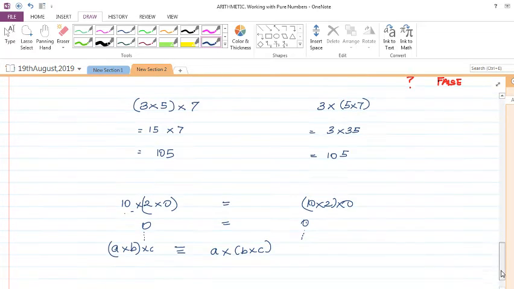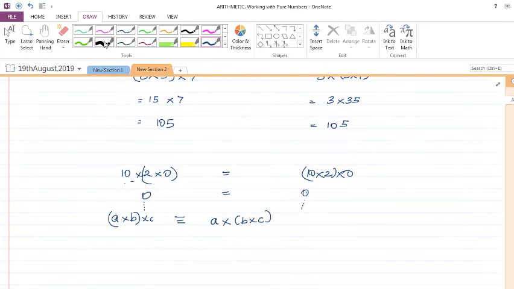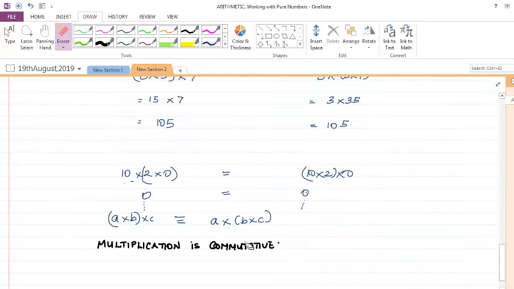And therefore we conclude that multiplication is associative.